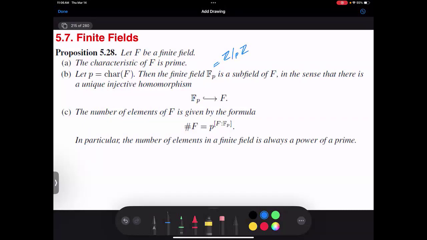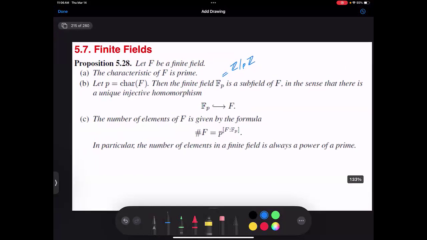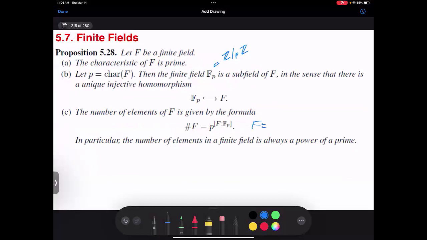The last one, the reason this is true is because I can view this as an extension over F_P. I can write it as some kind of combination of basis elements. So I can write something in F as maybe A1 f1 plus ... plus AK fK.